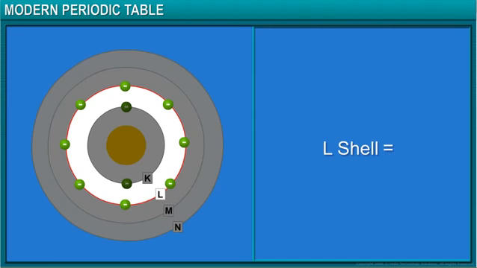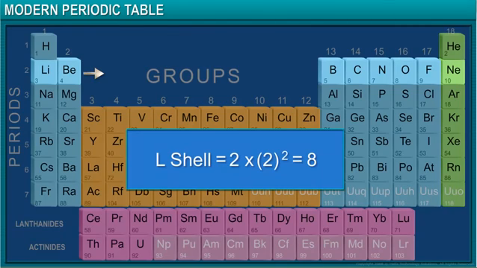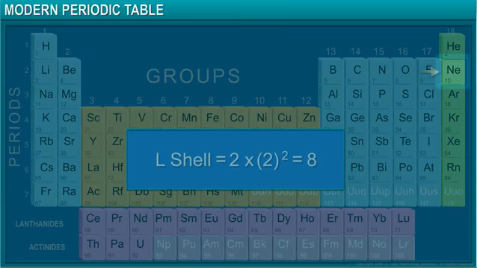L shell is equal to 2 multiplied by 2 raised to the power of 2, which is equal to 8. Hence the second period has 8 elements, that is, lithium, beryllium, boron, carbon, nitrogen, oxygen, fluorine, and neon.